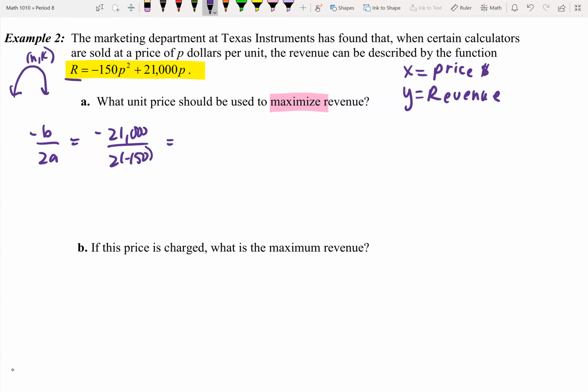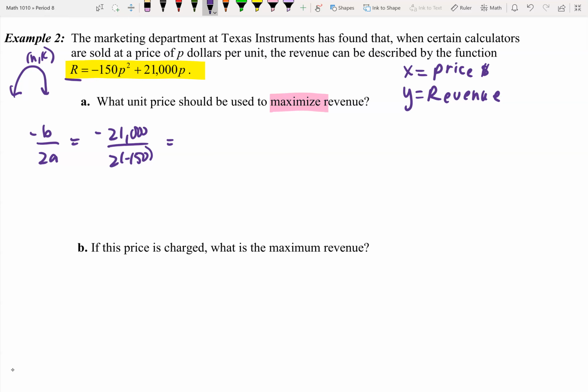So you do this. First of all, 2 negatives make a positive, forget about the sign. Punch 21,000 into your calculator, 21,000 divided by, what's the very next button I'm going to push? Everybody in the room tell me. A parenthesis. And then don't go 2, parenthesis, negative 150, close it.